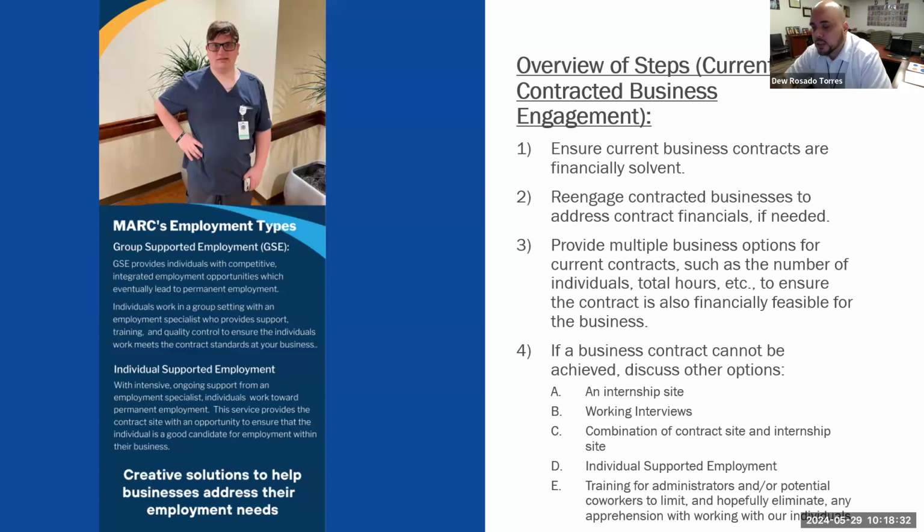If for some reason we couldn't establish a business contract, we engaged them in conversations regarding an internship site, working interviews, a combination of internship site and work site, or possibly identifying individuals that we feel could do the job on their own, individual supported employment. Also training the administrators or other potential coworkers if they feel uneasy or have had concerns regarding some of the behaviors or things they've seen with our folks. It's getting them more comfortable working with this population and learning how to engage them appropriately.